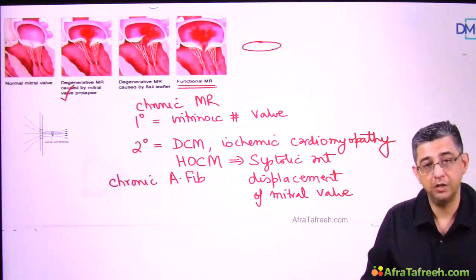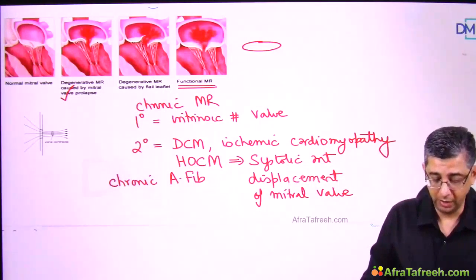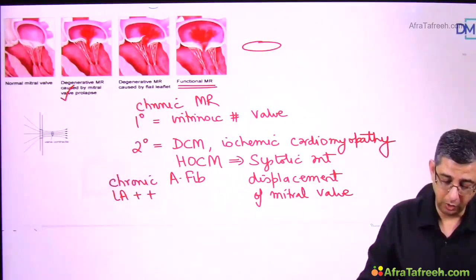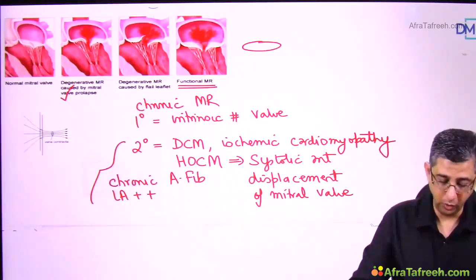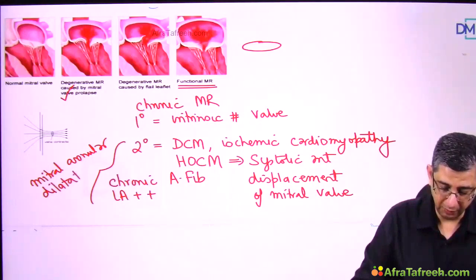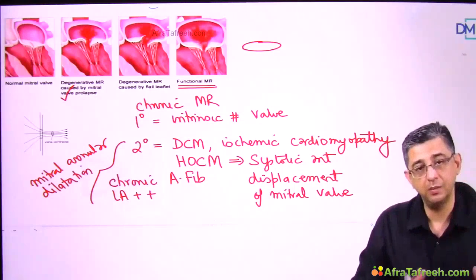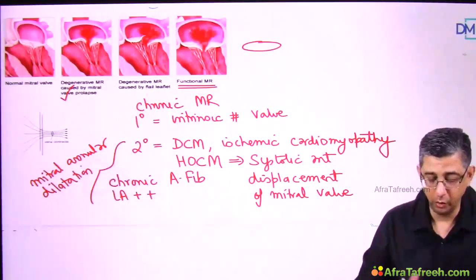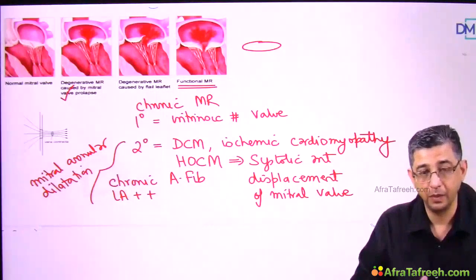In chronic atrial fibrillation, the heart would be twitching, there is a dilated heart, so there would be mitral annulus dilatation. A common thing that is occurring in all the secondary varieties is annular dilatation, whereas in the primary variety, the problem lies with the valve leaflets or the attachments under them, for example, chordae tendineae snapped because of ischemic damage or due to a rheumatic process occurring in a patient.